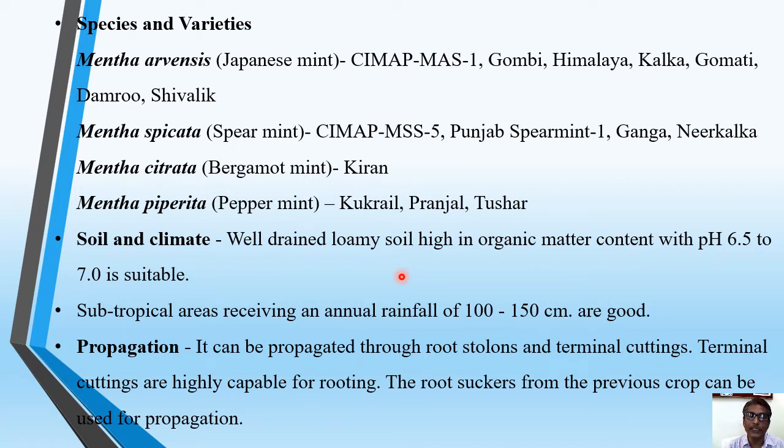About the propagation, it can be propagated through root stolons and terminal cuttings also. Terminal cuttings are highly capable of rooting. The root suckers from the previous crop can be used for propagation.